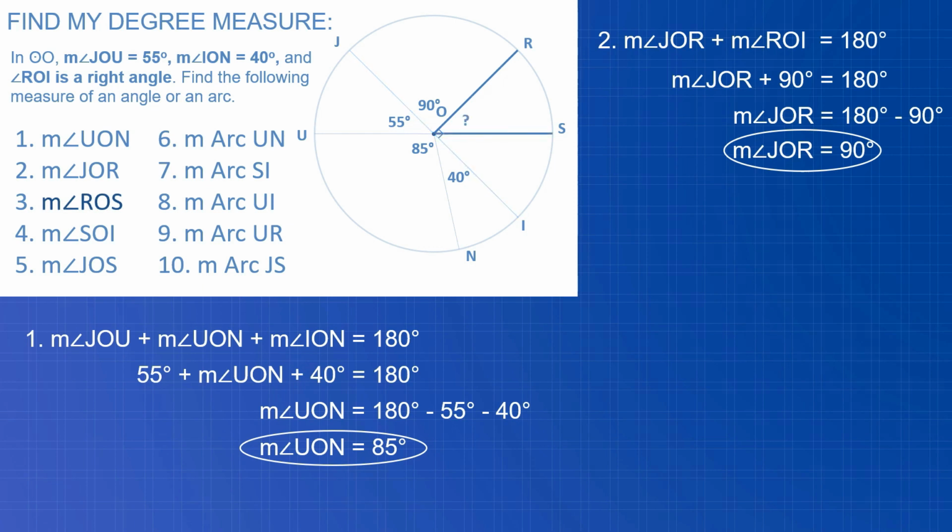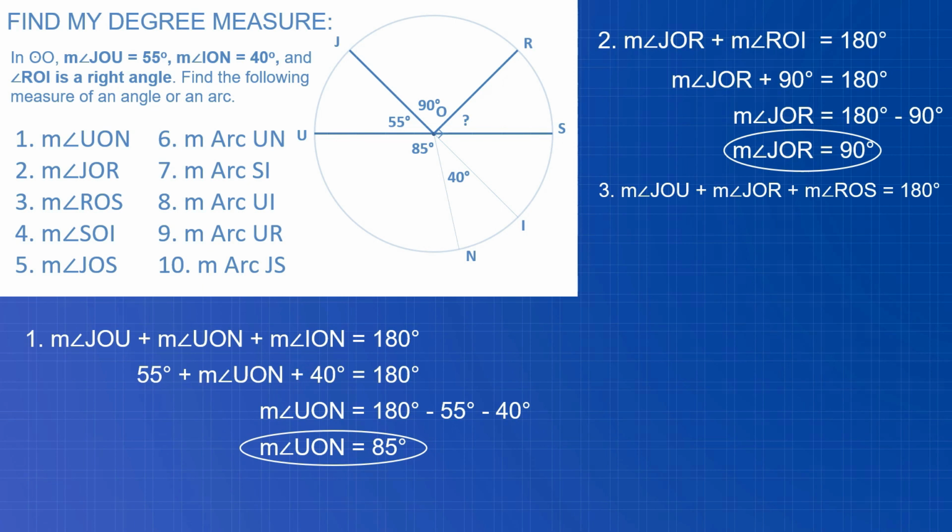Next, number 3, the measure of angle ROS. Line UOS is also a diameter, which helps us say that the measure of angle JOU plus the measure of angle JOR plus the measure of angle ROS is equal to 180 degrees.